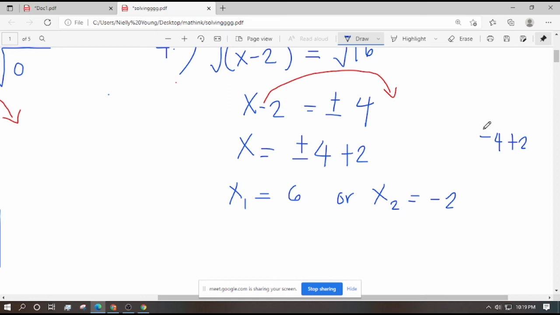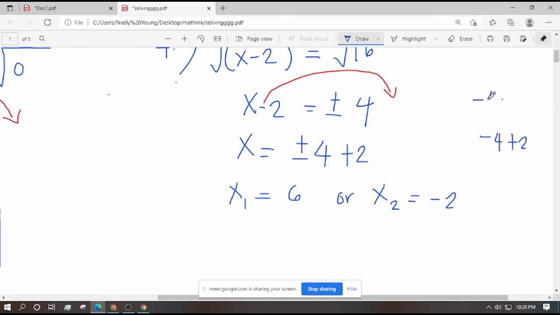Because look at their signs. This one is negative, this one is positive. The signs are not the same. So, you will subtract 4 and 2. Okay? When the signs are not the same, just subtract the two numbers. So, 4 minus 2 is 2. Then, follow the sign of the largest number. Since 4 is bigger, follow negative. Okay?